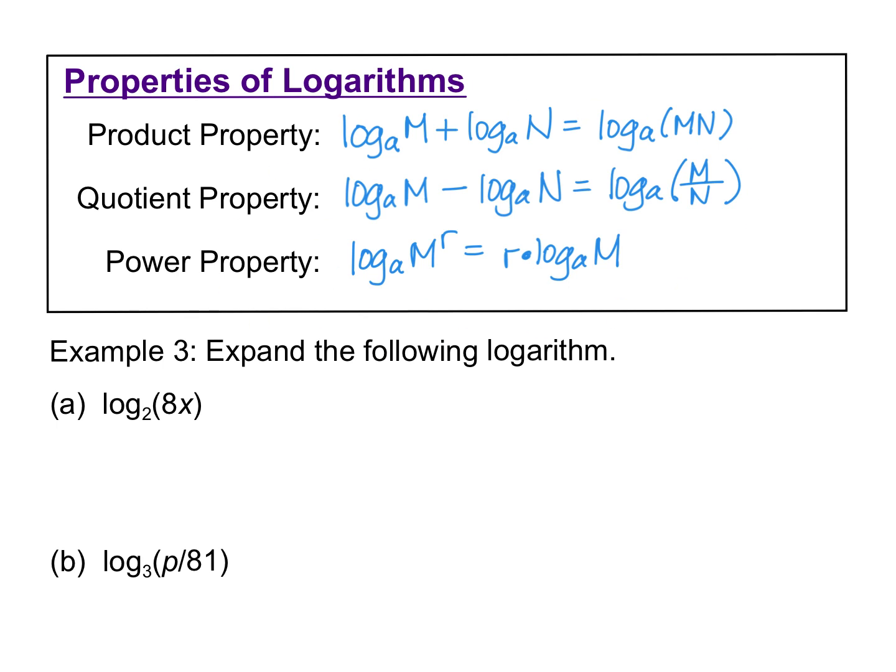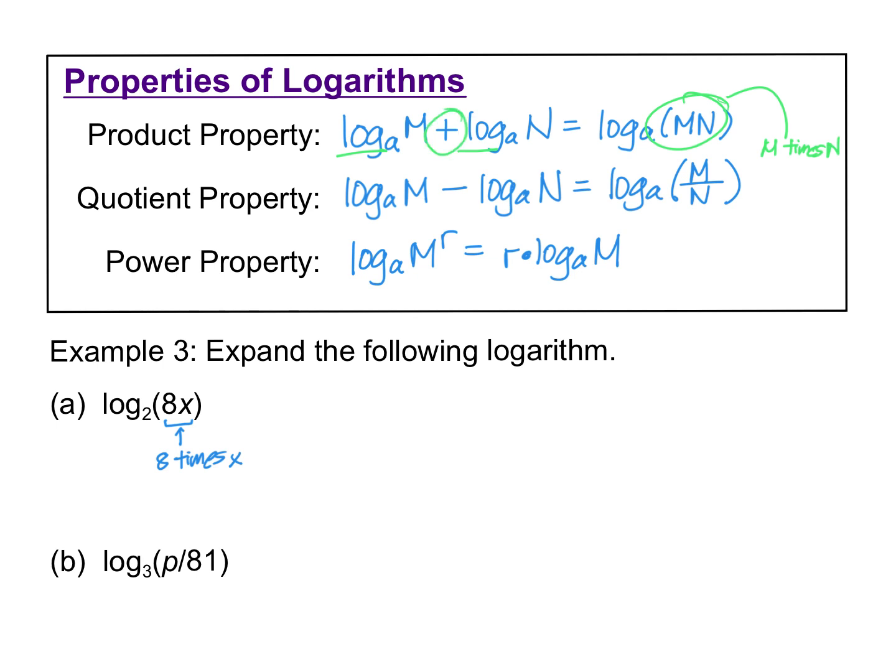Example 3a. To expand the following logarithms, notice that this is 8 times x. And so 8 times x is sort of like over here where you have m times n. So that allows us to write it as 2 separate logs with a plus in the middle.